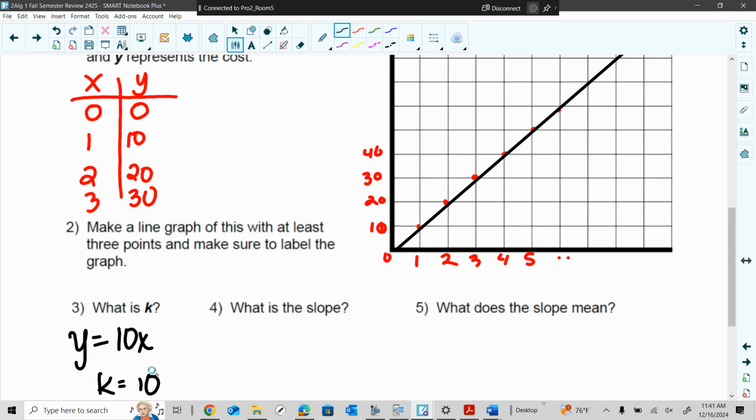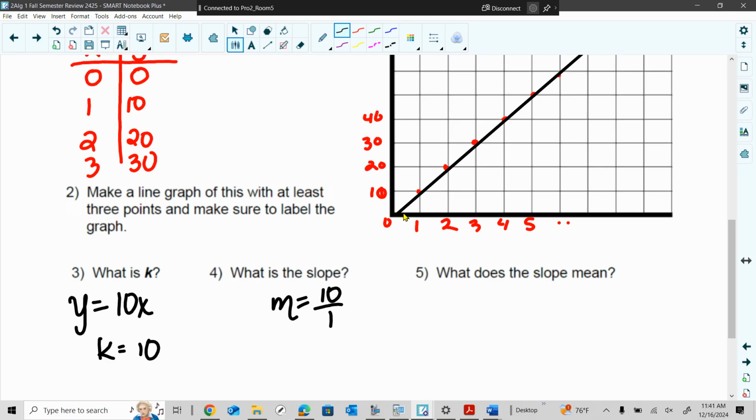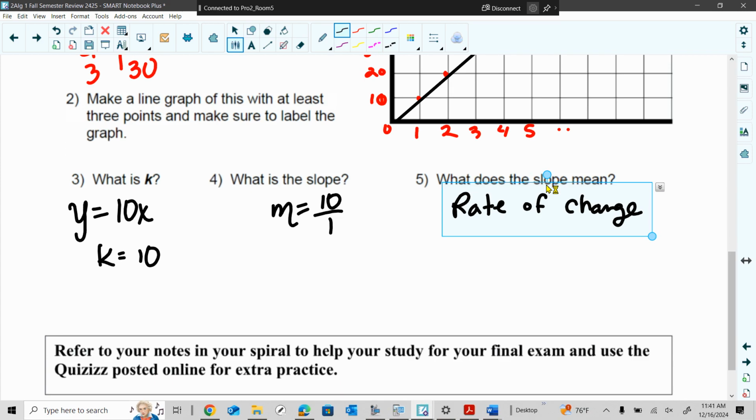What is the slope? Our slope is our 10, or you can say 10 over 1. What does the slope mean? It means the rate of change: as the number of gigabytes increases, the cost would increase.